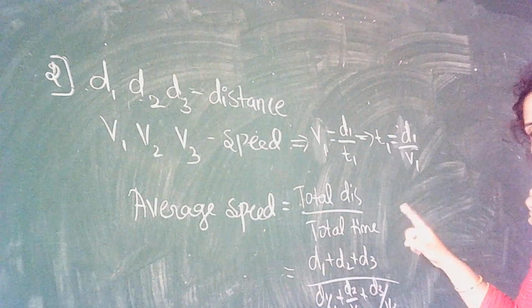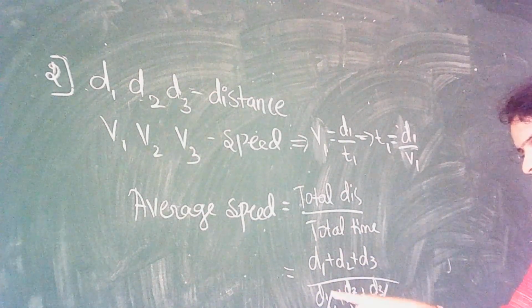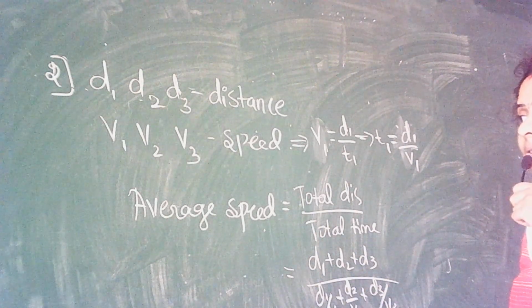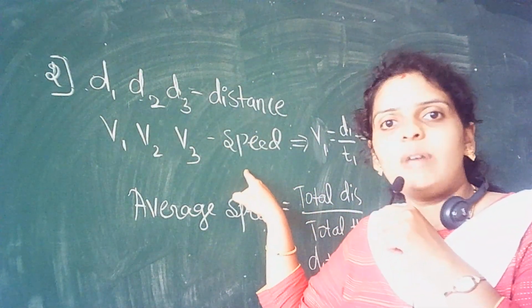This is how you can simplify the equation: d1 plus d2 plus d3 divided by d1 by v1 plus d2 by v2 plus d3 by v3. This is how you calculate the average speed when distance and speed values are given.